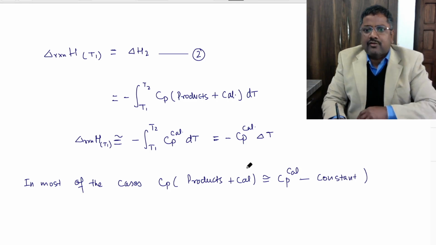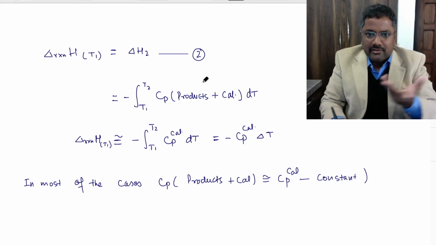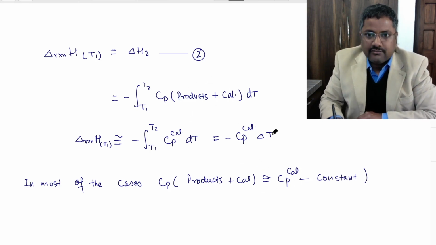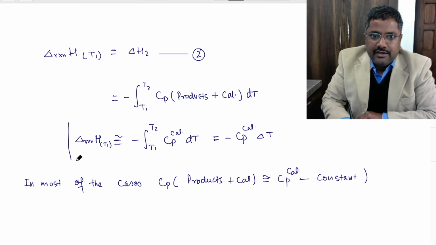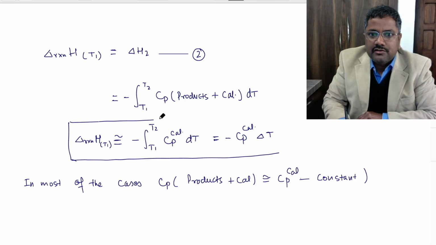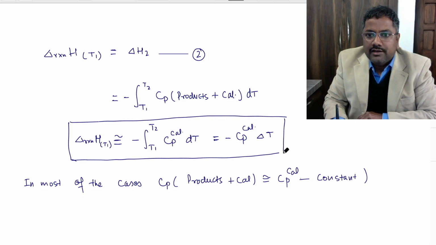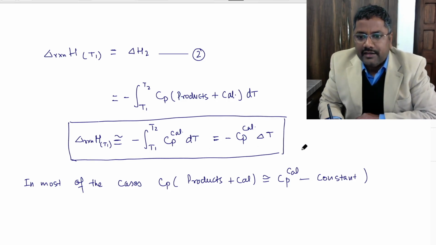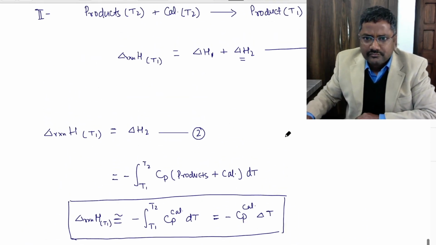So a little bit of approximation is there, and if not, then you are also able to calculate. So this is the way through which you can calculate the delta H of any reaction, right?